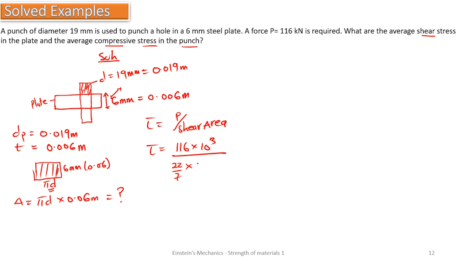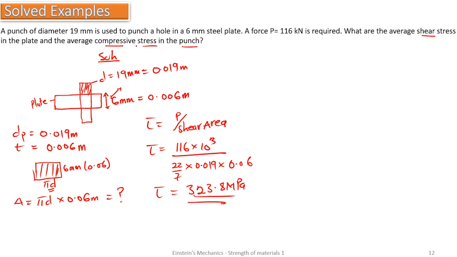The D is 0.019 and the thickness 0.006. And in all, I'm getting a shear stress of 323.8 megapascal as the shear stress, the average shear stress.